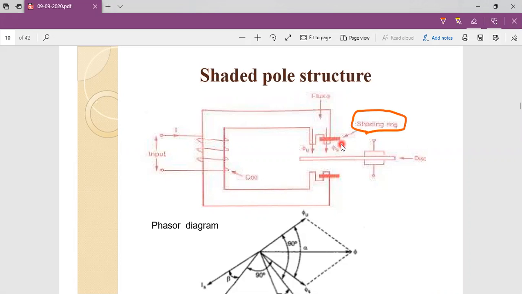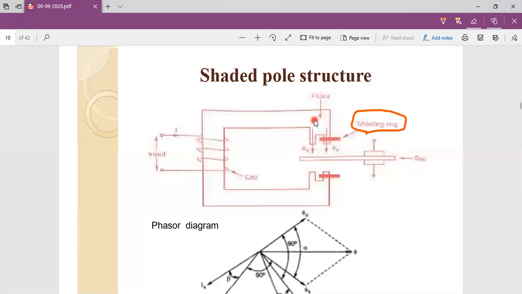When we place a copper band at this tip, because of this copper band an EMF is induced in it, and that EMF opposes the alternating flux effect. That opposing nature we can explain with the help of Lenz law. The Lenz law statement is the effect always opposes the change in cause.